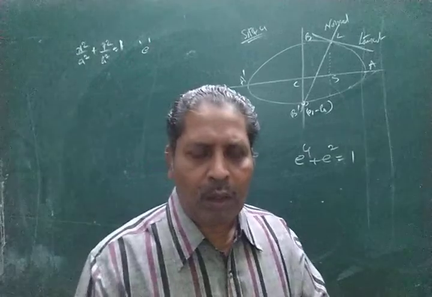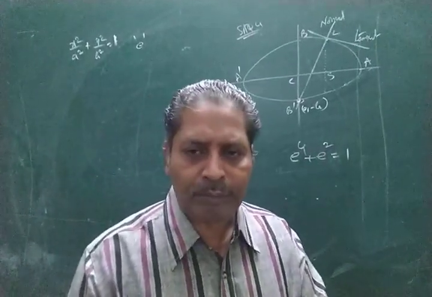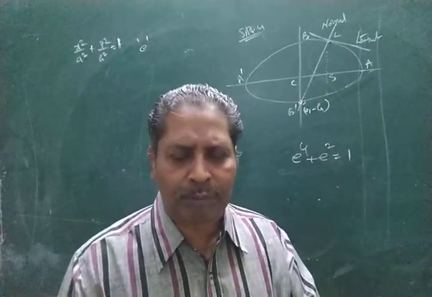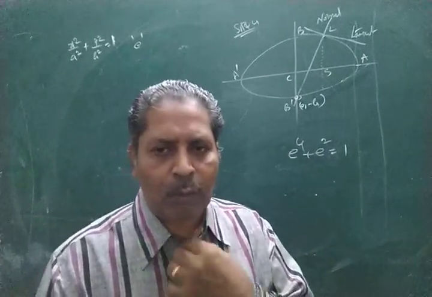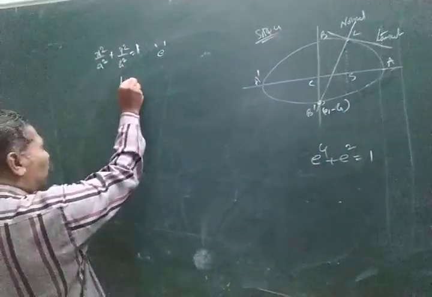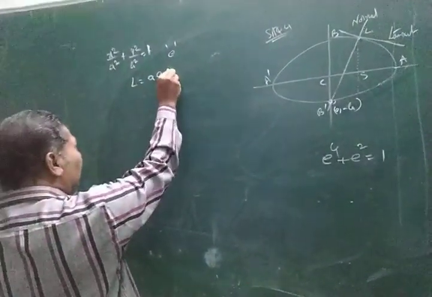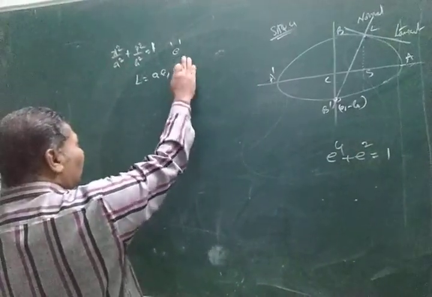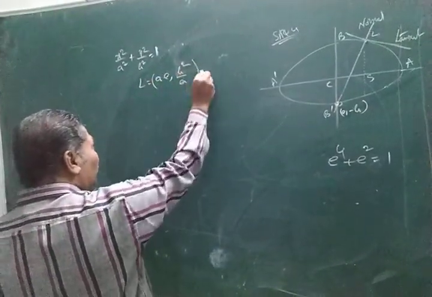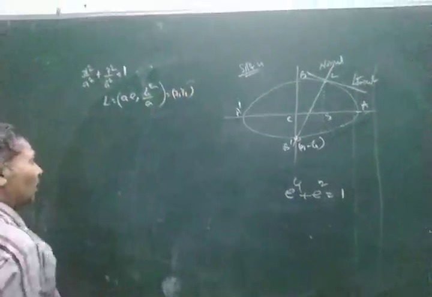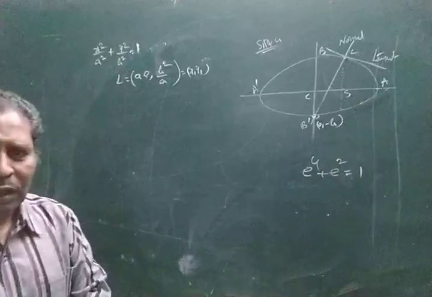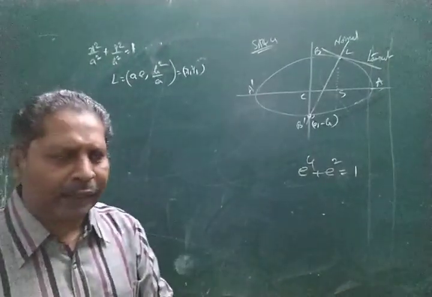Therefore, the positive end of the latus rectum, capital L, equal to (ae, b square by a). That is the positive end of the latus rectum.